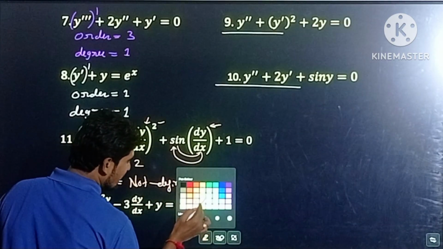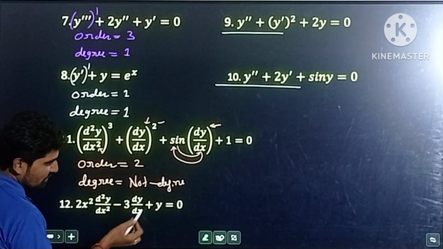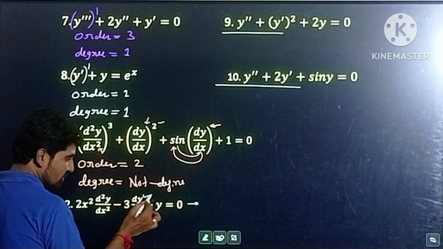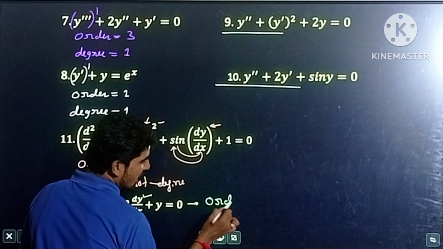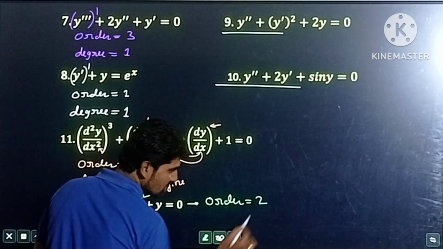Now the 12th one, here the 12th one is 2x square d square y by dx square minus 3 dy by dx plus y equals to 0. Observe here, in this differential equation, first order derivative and second order derivatives are involved, therefore highest order is the second order, therefore its order is 2.